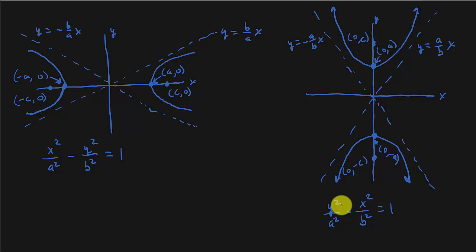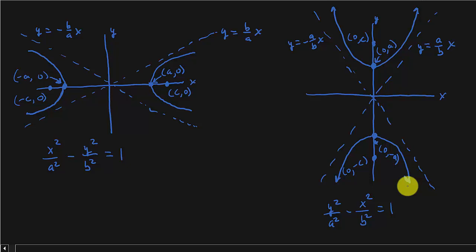The a squared is going to be on the left hand side of the minus sign. The b squared is going to be on the right hand side of the minus sign. So if the x squared comes first, your hyperbola is going to open left and right. If the y squared term comes first, it's going to open up and down.